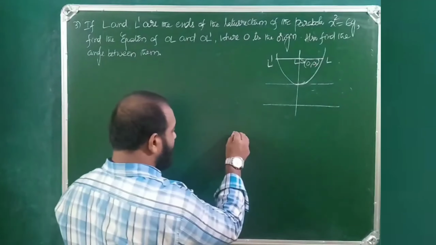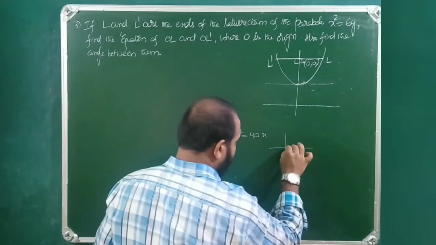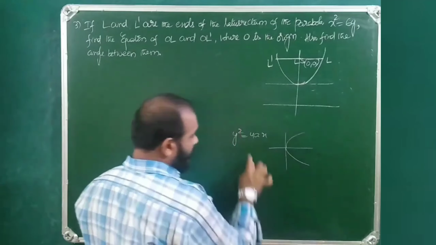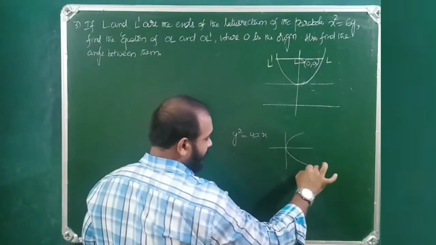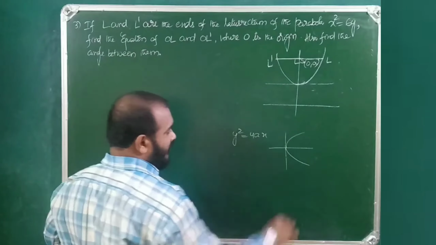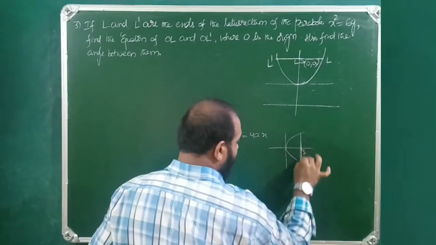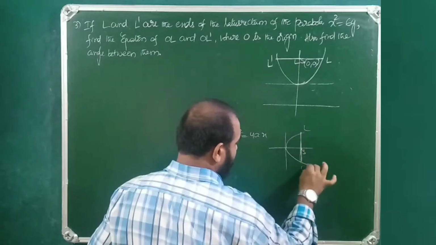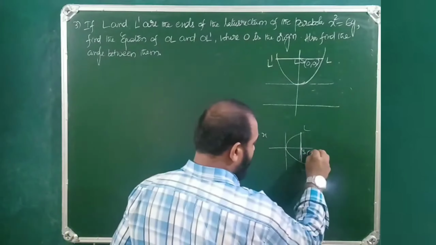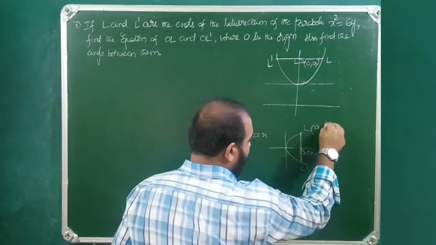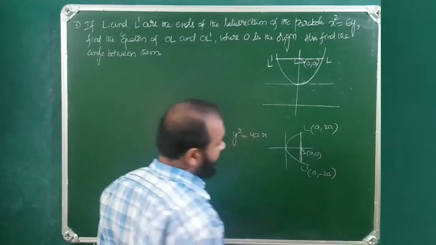So for y square equals 4ax, this is the parabola. Y has an even power, symmetric about the x-axis, positive x-axis. And here this is the focus and this is our L dash, so this is the latus rectum. If the focus is (a, 0), the ends are (a, 2a) and (a, minus 2a).